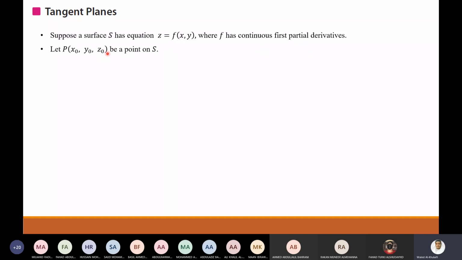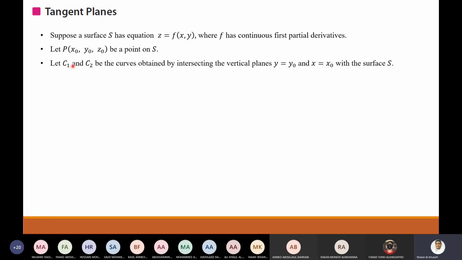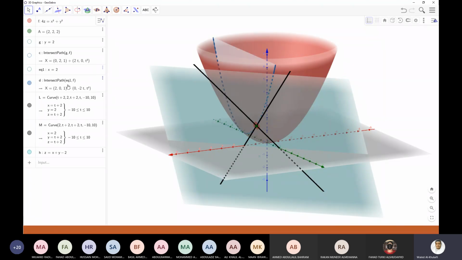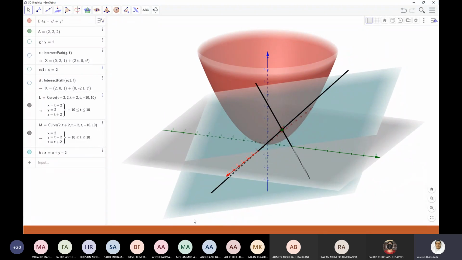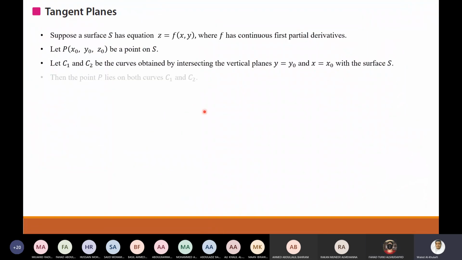Take a point on the surface, x naught, y naught. Of course, z naught is what you get when you substitute x naught, y naught in the function f. Let C1 and C2 be the curves obtained by intersecting the vertical planes y equal y naught and x equal x naught. If you remember the intersections, we are talking about these curves here, the blue curves.